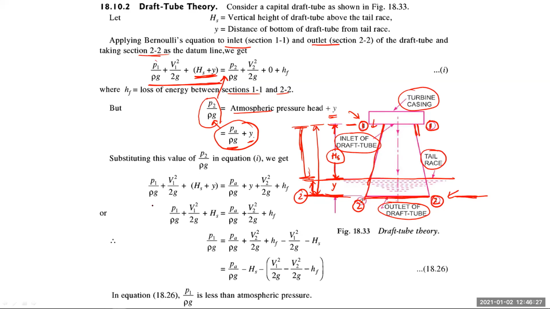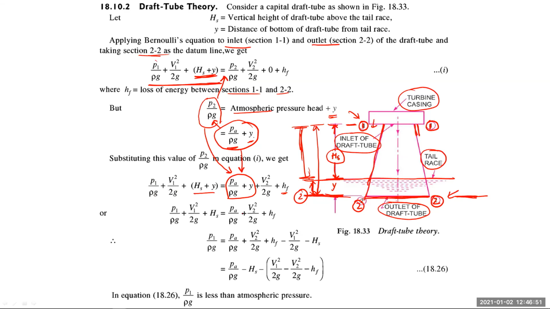After substitution, we can write: P1 upon rho g plus V1 square by 2g plus Hs plus Y equals Pa upon rho g plus Y plus V2 square by 2g plus Hf losses.